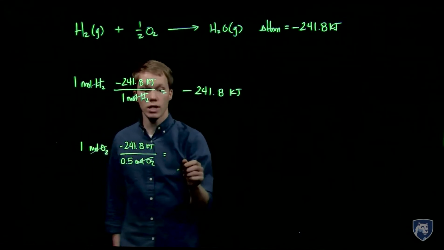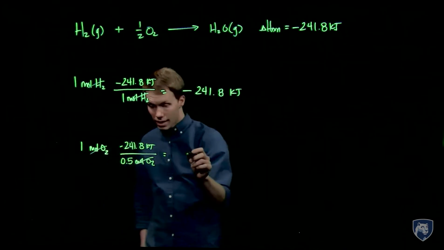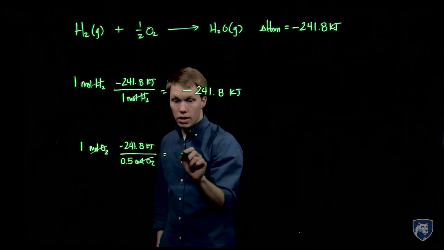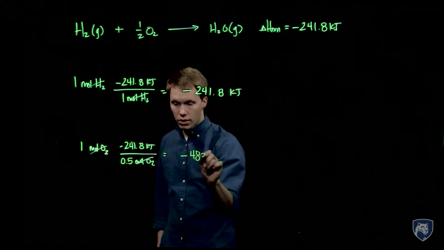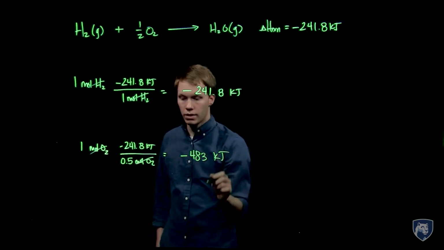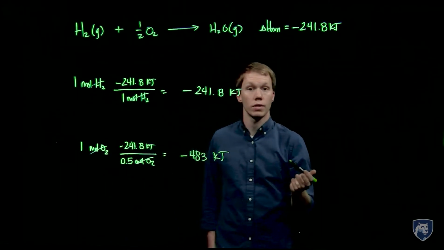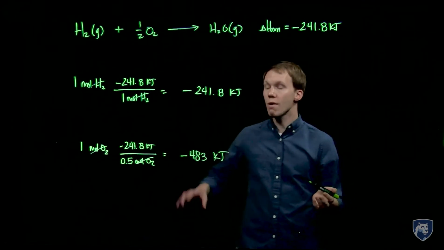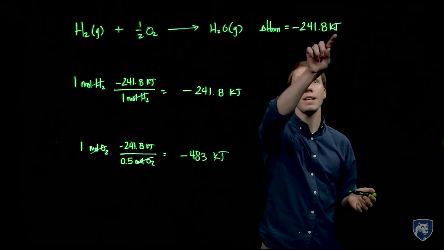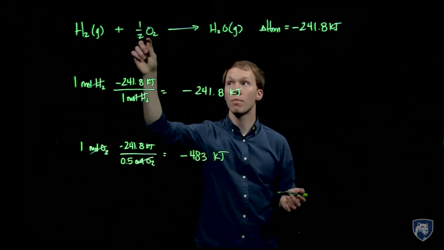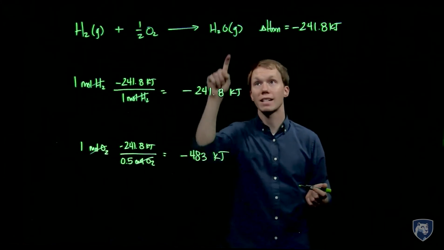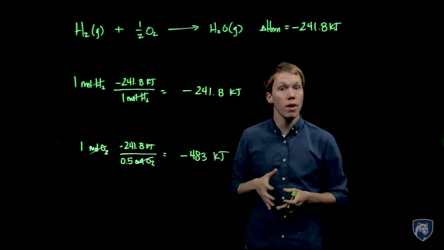And so I'm essentially going to get out twice as much, which is negative 483 rounded, of course, kilojoules. Okay? So you can see how we're taking this and applying the units of per x moles of whatever reactant, or maybe now we'll look at the products.